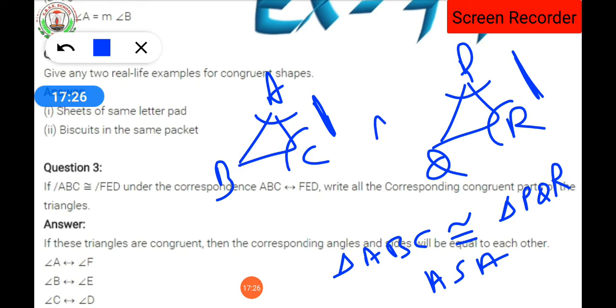Then only we can say that the triangle ABC is congruent to the triangle PQR under angle side angle congruence criteria.